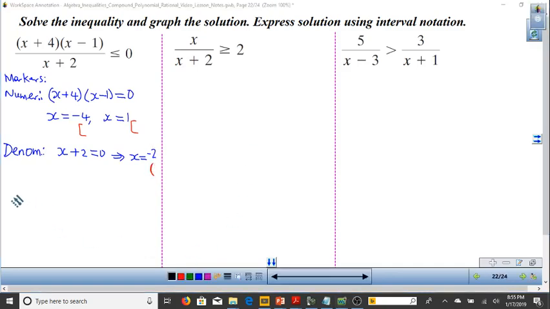And then I do my number line, and I mark my markers in order: negative 4, then negative 2, then positive 1. And then I'll choose numbers between them.